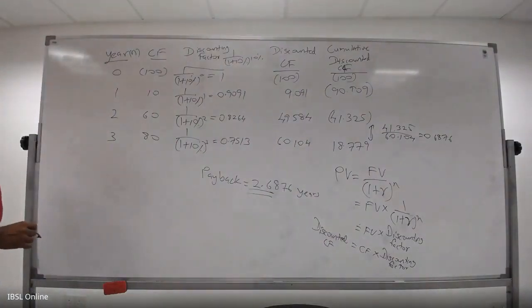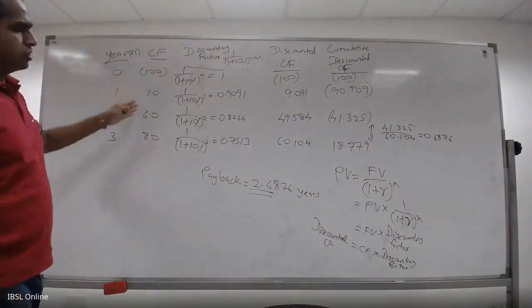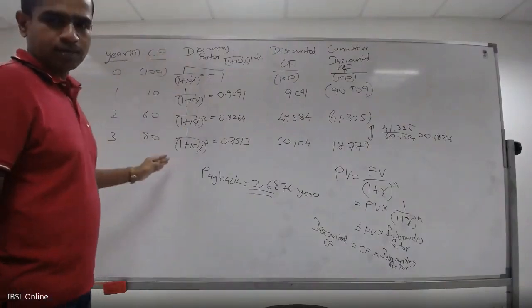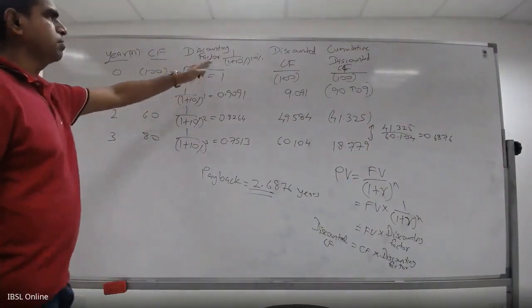Right. So you get the cash flows here. Then you get the discounting factors, which is 1 over 1 plus r to the power n.